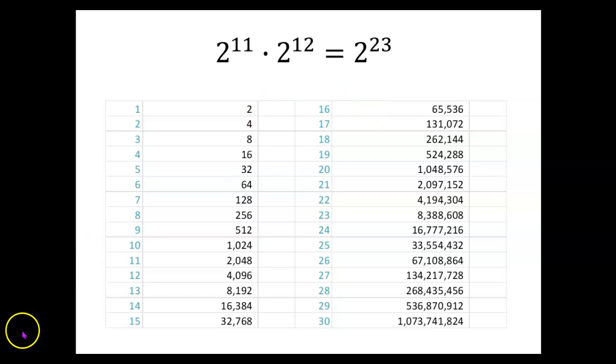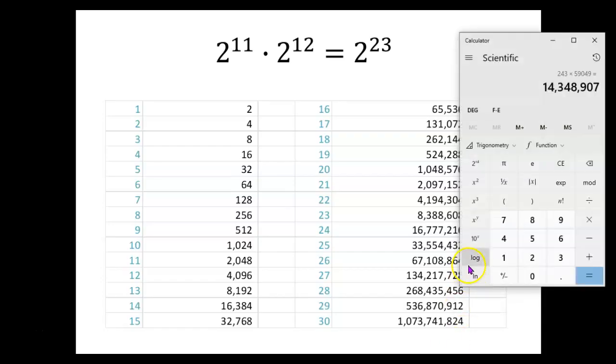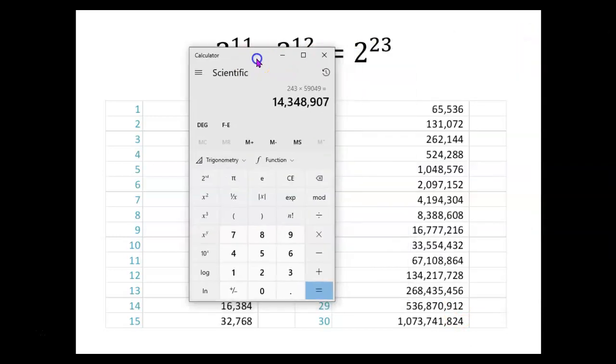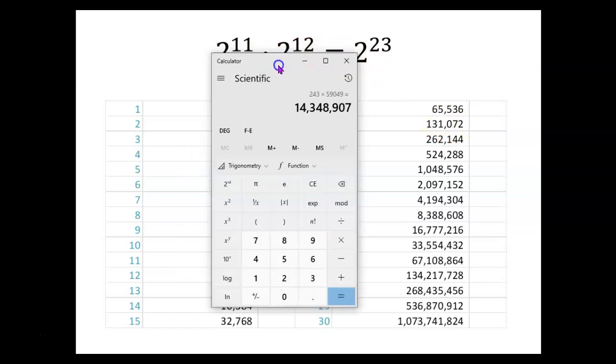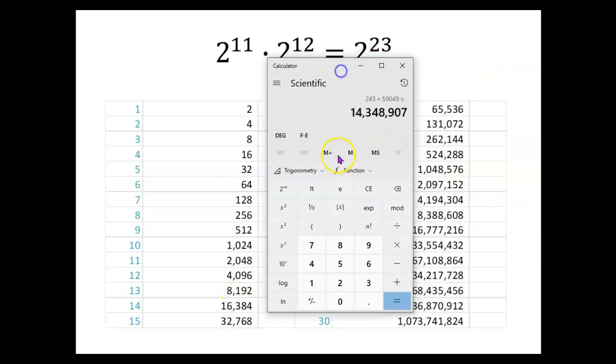For example, let's try 131072 divided by 16384, and the result is 8, which is a number on the list.